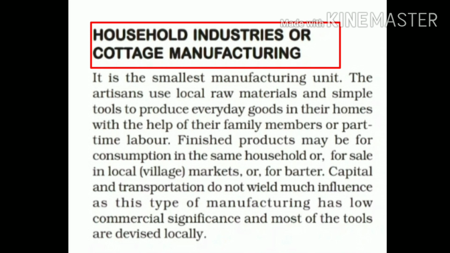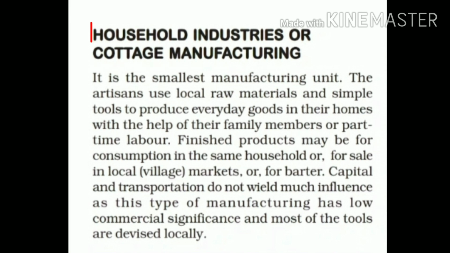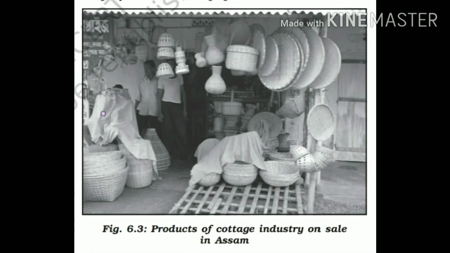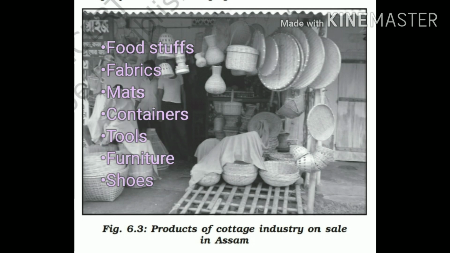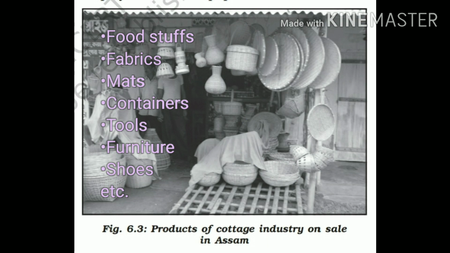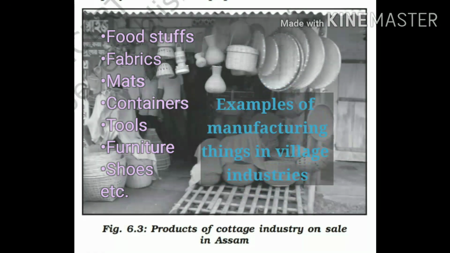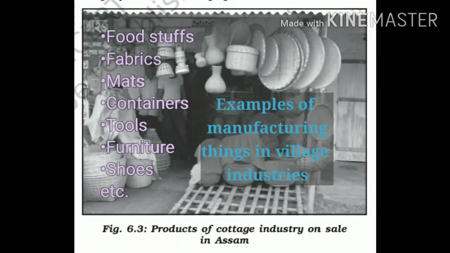Capital and transportation do not wield much influence as this type of manufacturing has low commercial significance and most of the tools are devised locally. Foodstuffs, fabrics, mats, containers, tools, furniture, shoes, etc. are some examples of what is manufactured in village industries.